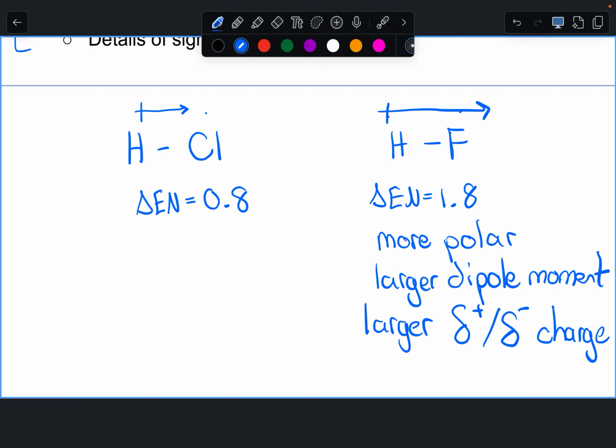I guess the one other way we drew it was with the electron clouds, which is the official word, a depiction of where the electrons reside. So in HF, they're spending even more time over by the fluorine than they were with H and chlorine, okay?